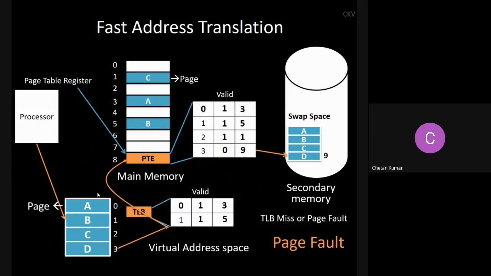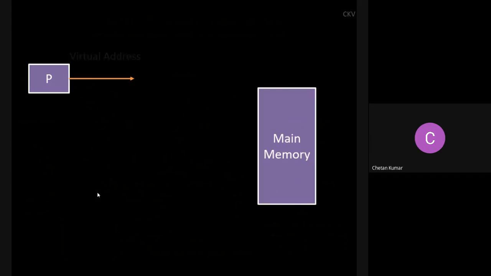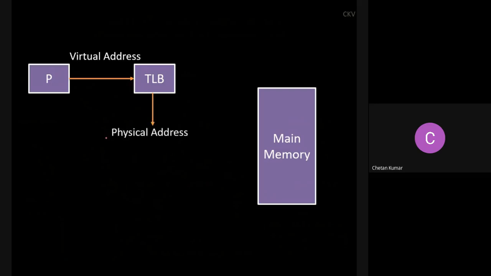Now, till this point, the discussion was the processor is requesting some data. The processor is sending the virtual address to the TLB. And assuming it is a TLB hit, meaning the translation information is available in the TLB, you will get a physical address. We are assuming that the physical address is directly sent to the main memory for accessing the data.